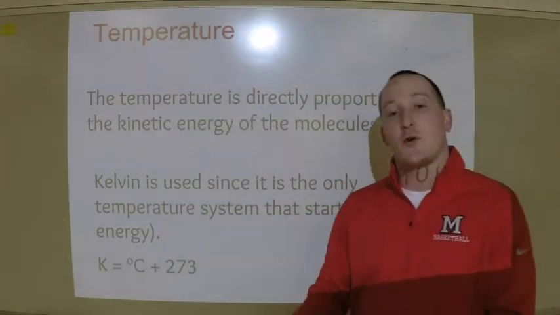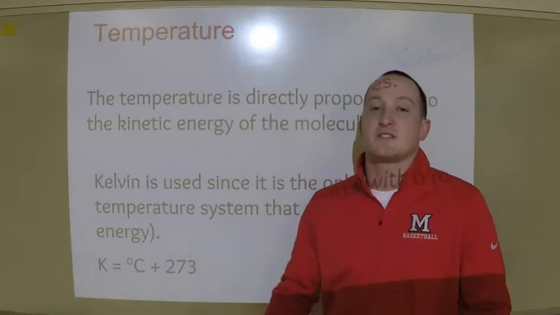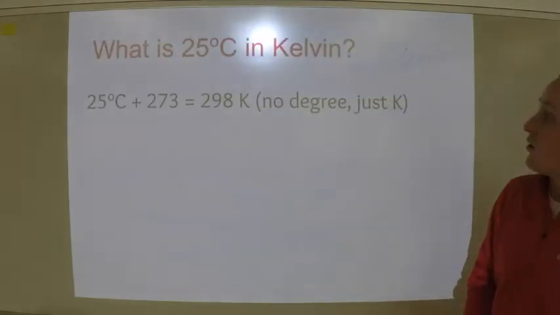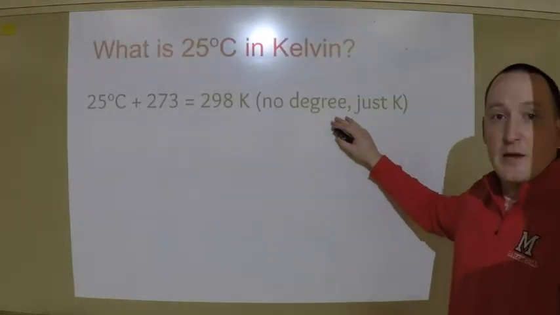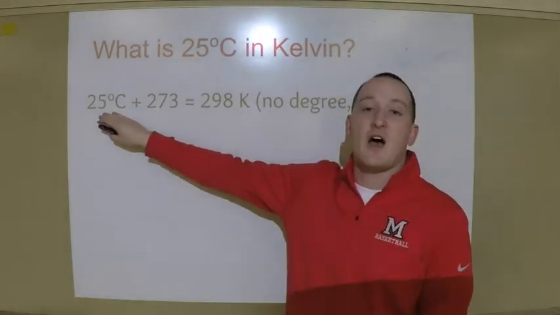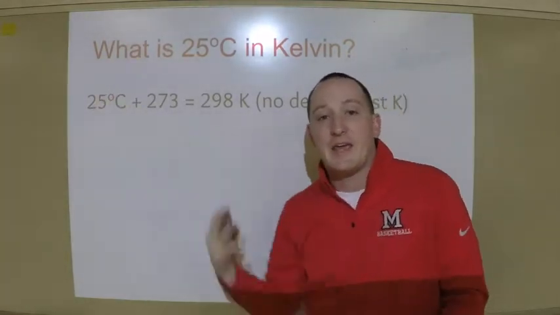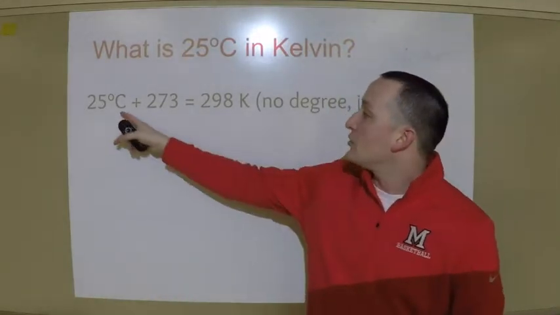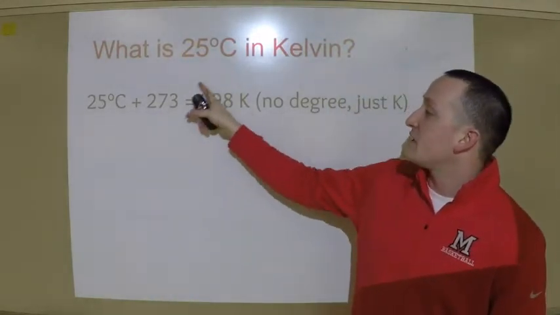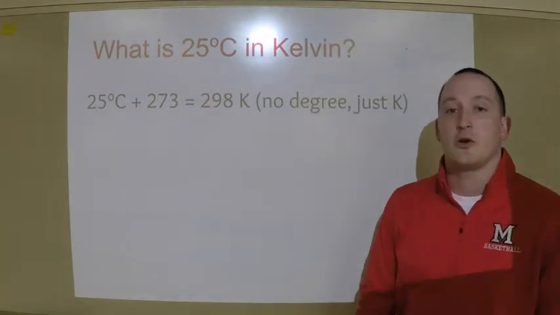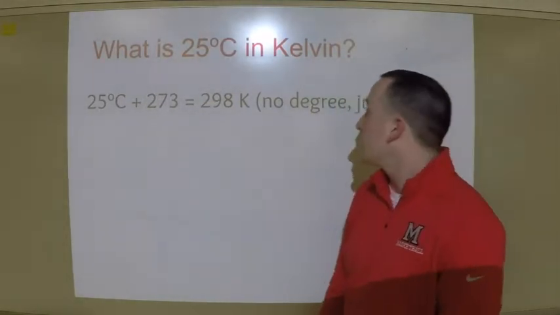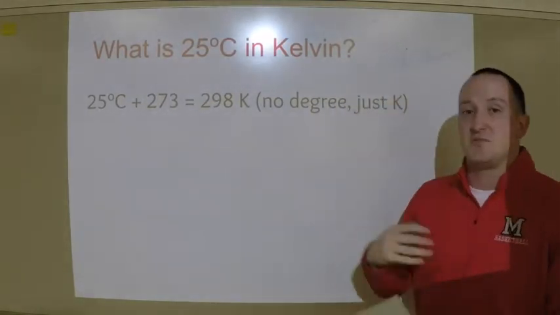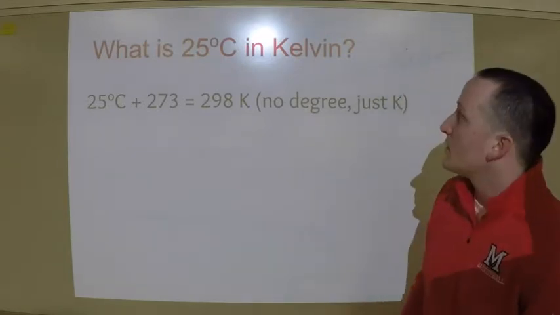If you wanted to convert back, you would just take your Kelvin and subtract 273. So, for instance, here's an example of that. If I was at 25 degrees Celsius, but I can't use 25 degrees Celsius because for gases I have to use Kelvin, I would just add 273. So I would say, okay, my temperature is 298 Kelvin. Okay, no degrees, I would just say Kelvin. That's the temperature. All right?